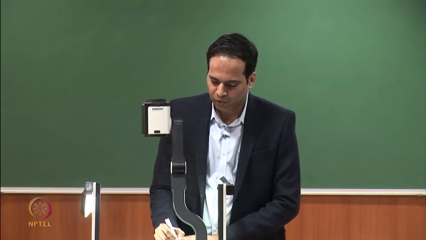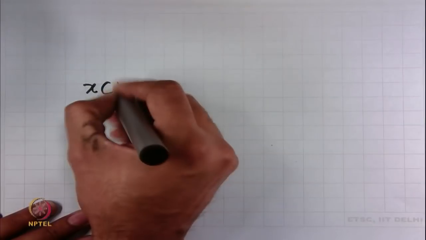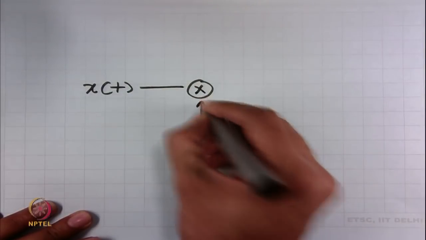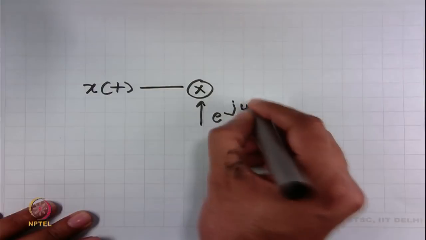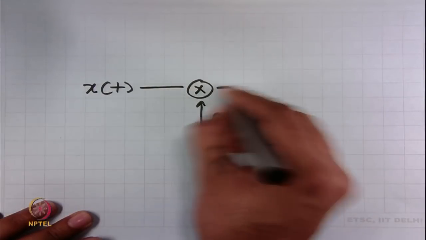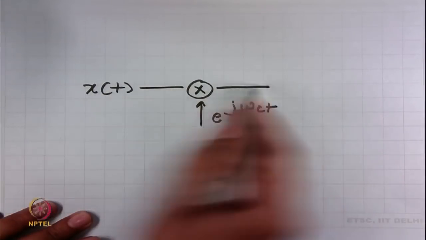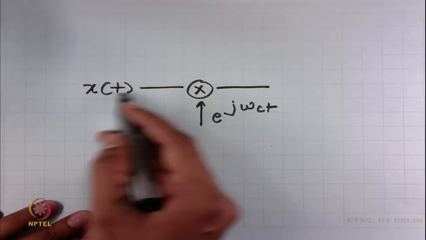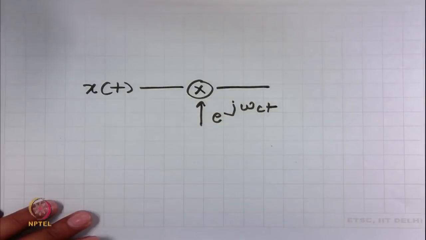One thing that you should note is that when I draw these block diagrams, for example, let me draw this, I normally do not indicate the arrows when the signal moves only in the forward path.